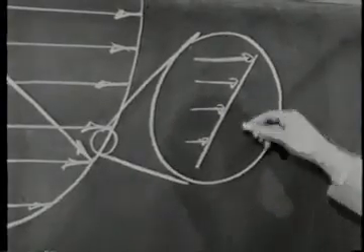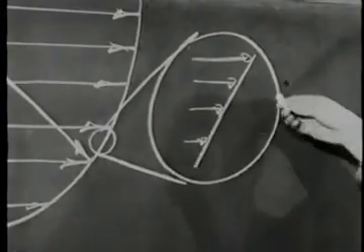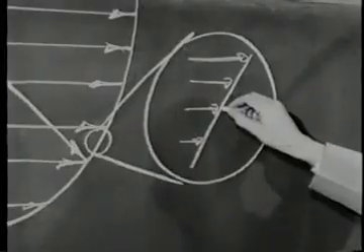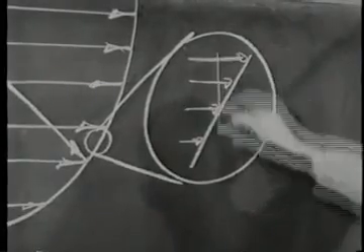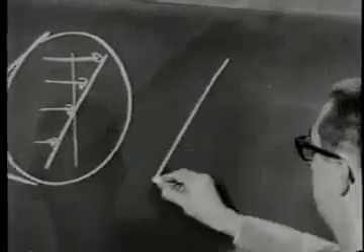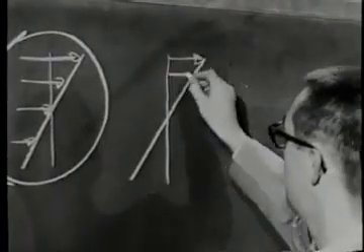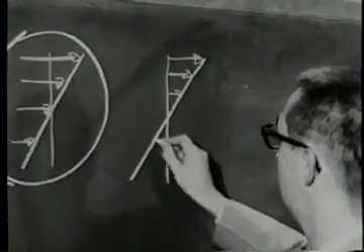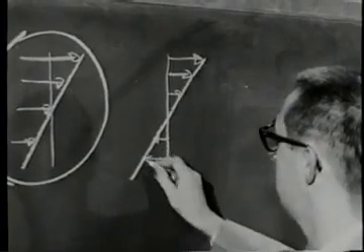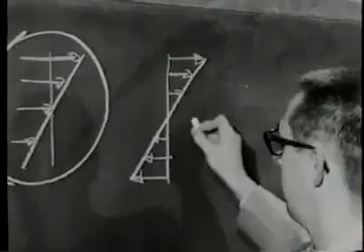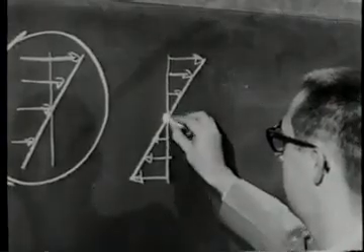Now, we said that we weren't interested in how the fluid was carried about. That means that we ought to pick a point in here and draw our velocities relative to that point. If we do that, the fluid on one side will seem to be moving ahead, while the fluid on the other side will seem to be moving back, and of course the reference point will seem to be standing still.